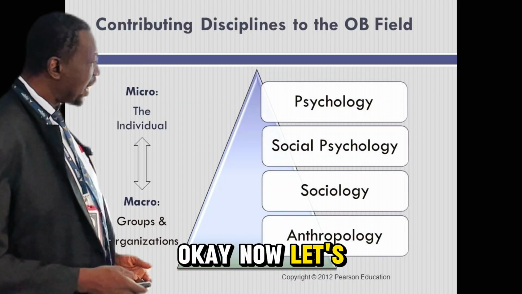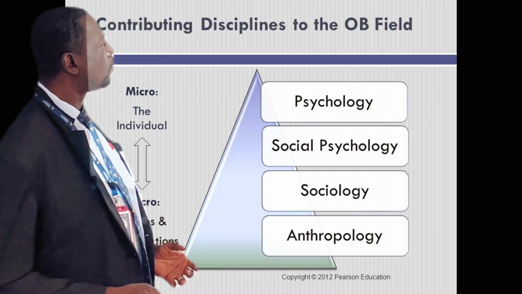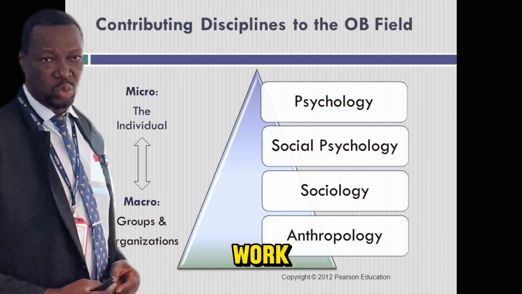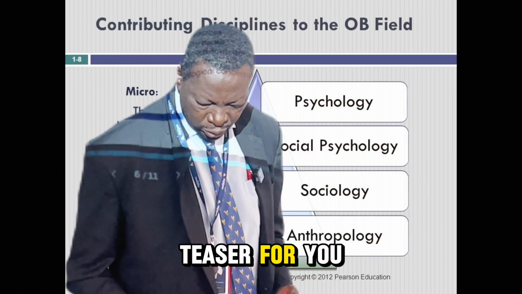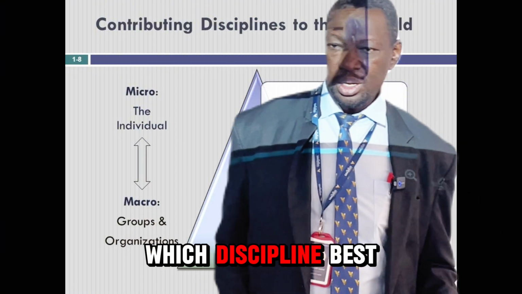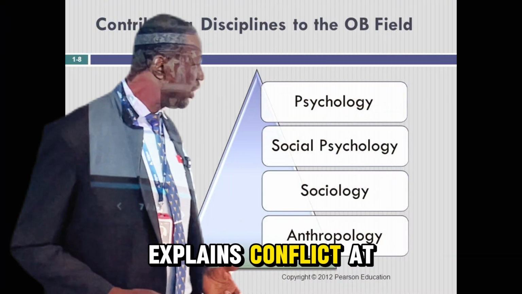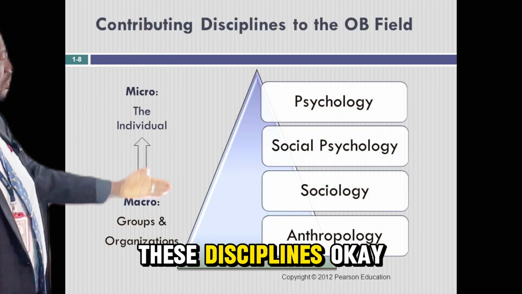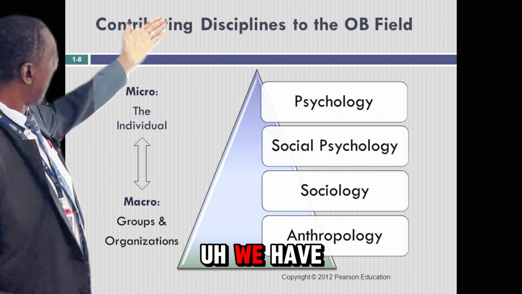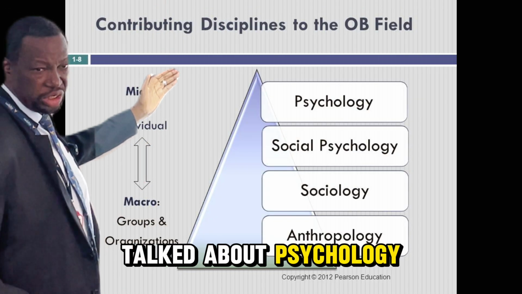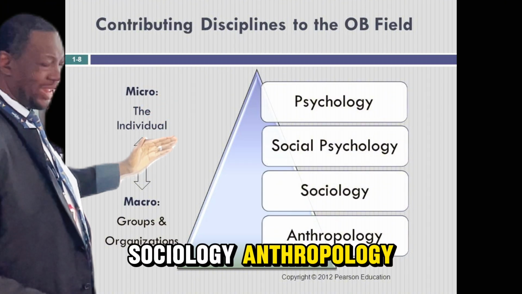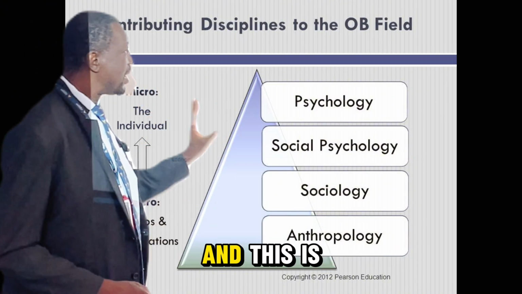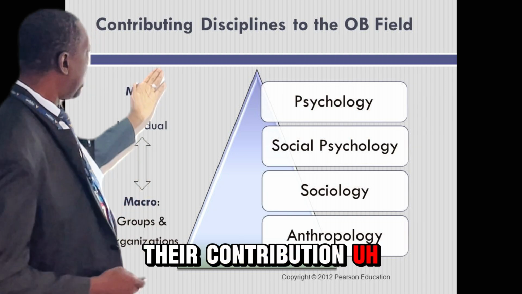Now let's progress. Which discipline best explains conflicts at work? This is a teaser for you. Among these disciplines, we've talked about psychology, sociology, anthropology, economics, and political science, and this is their contribution.